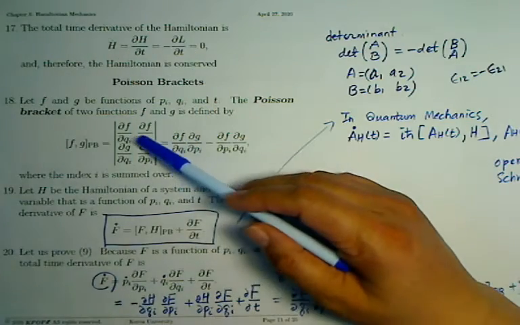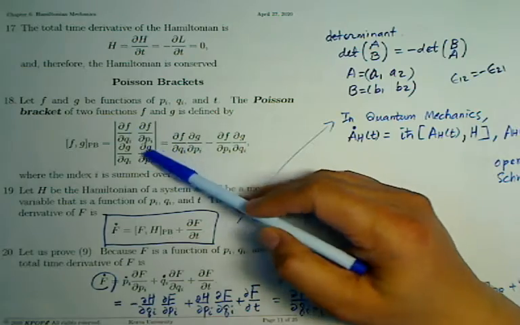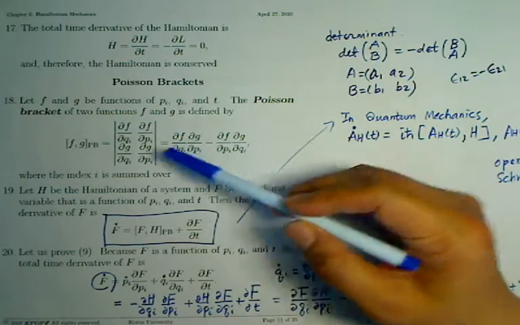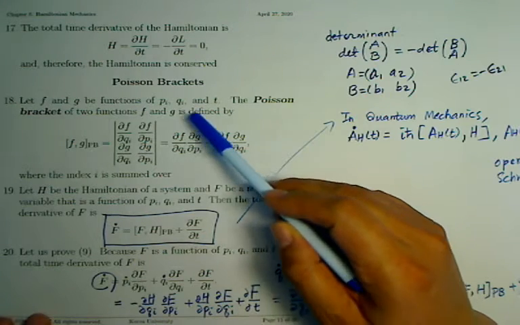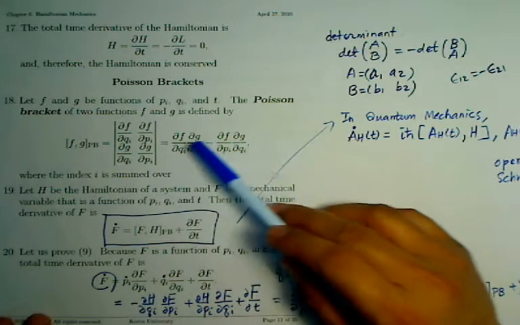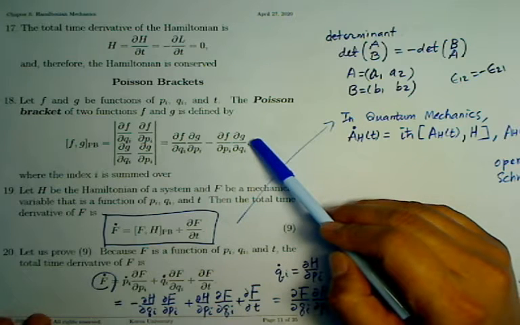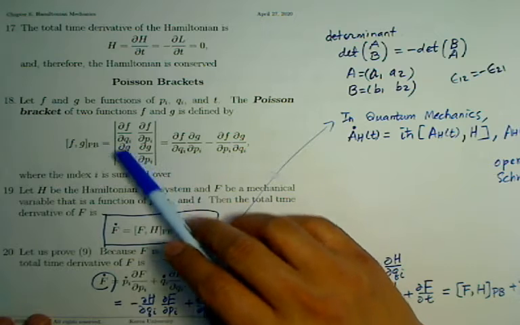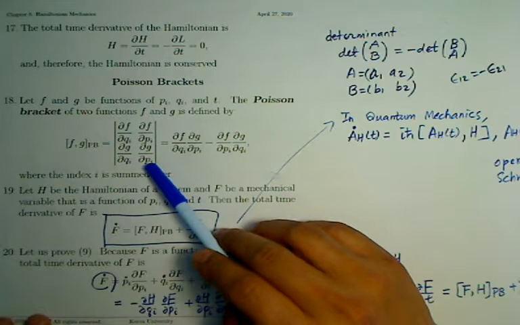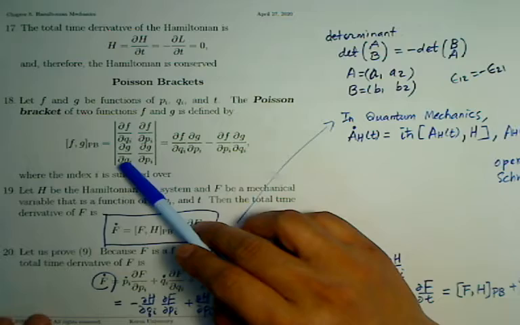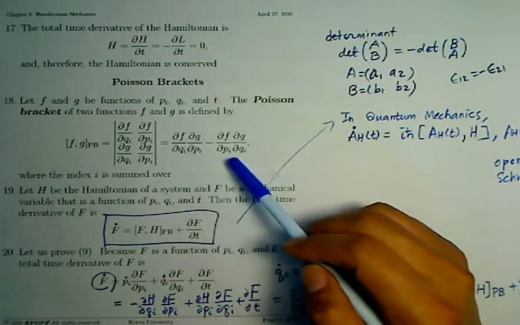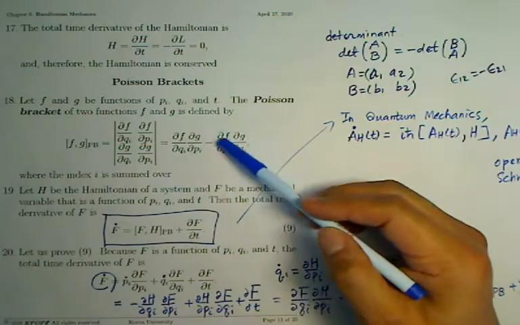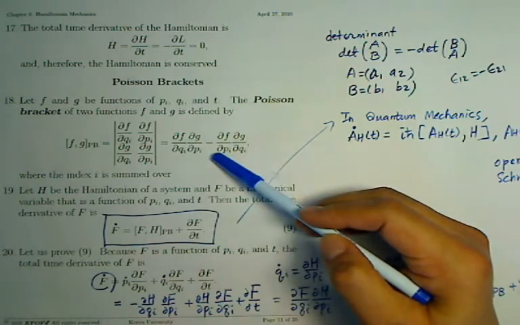Therefore, this determinant is this cross one, so the partial derivative of f with respect to q times that of g with respect to p, and then subtract the partial derivative of f with respect to p times that of g with respect to q.